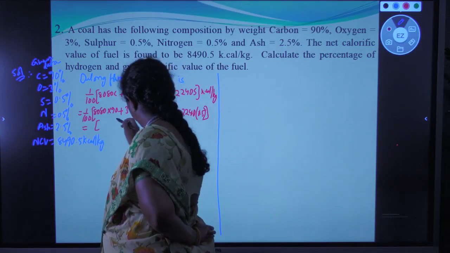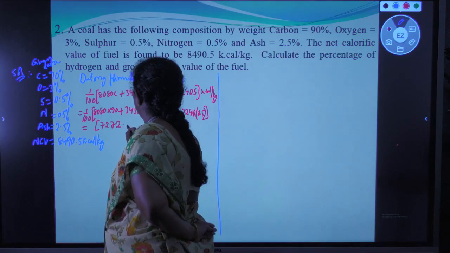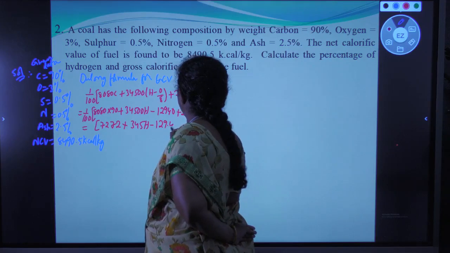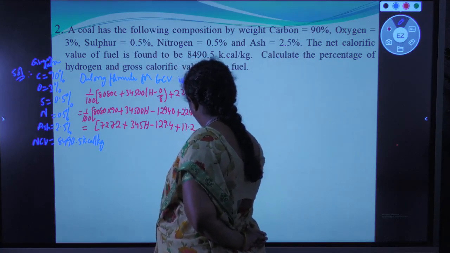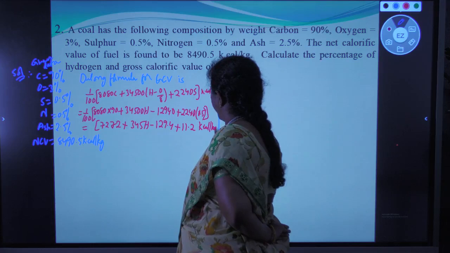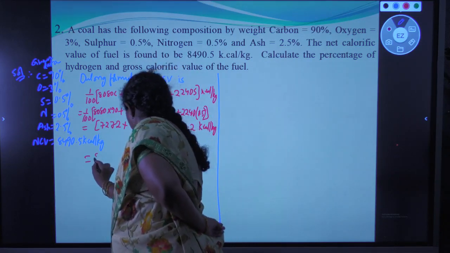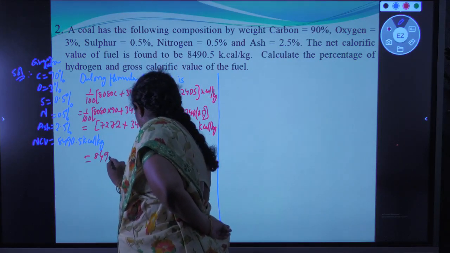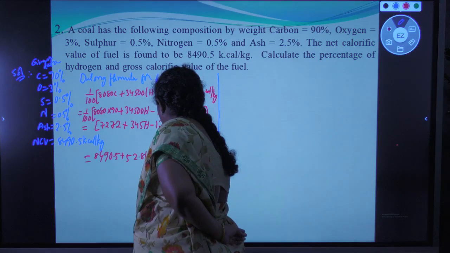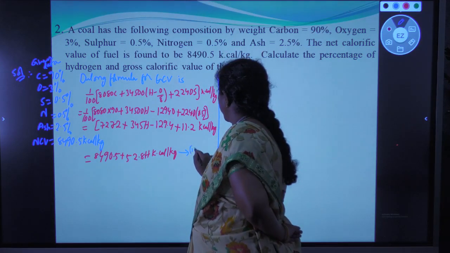This will be equal to 72 plus 345 hydrogen minus 129.4 plus 11.2 kilocalorie per kilogram.